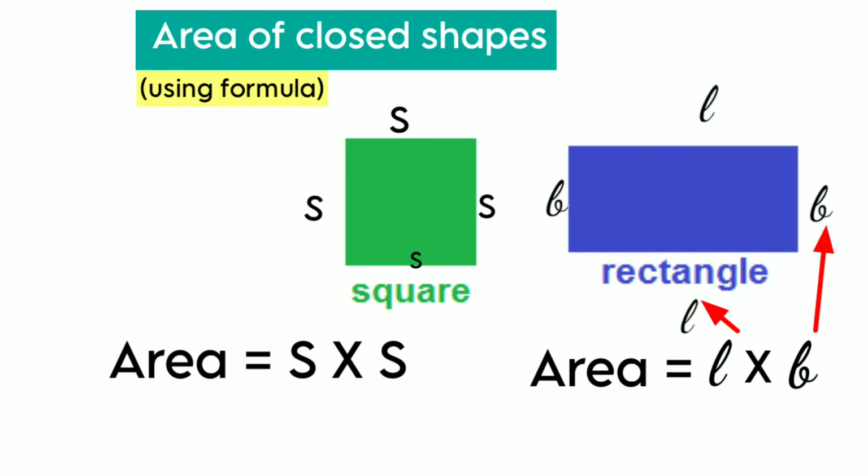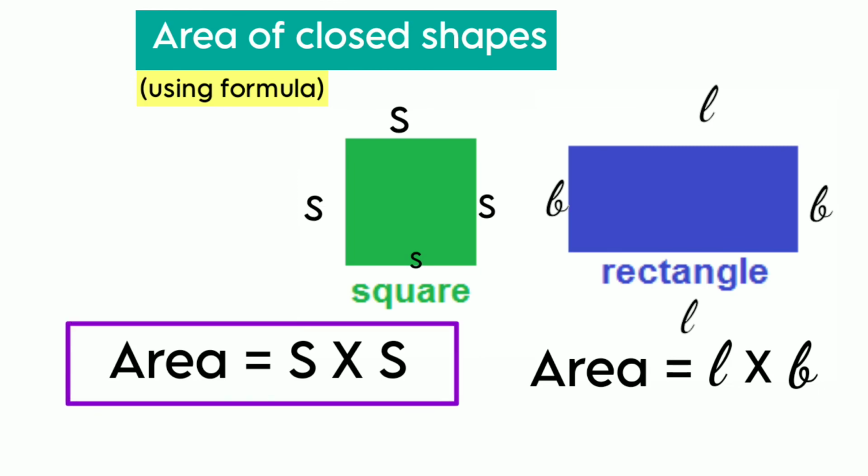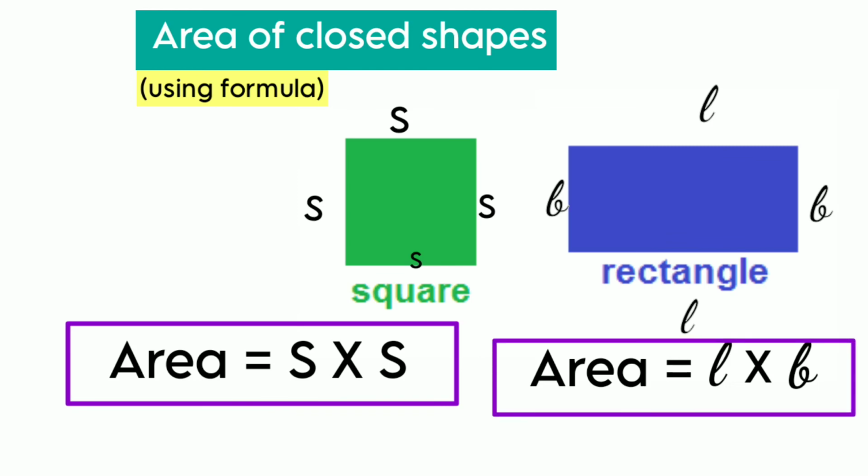Those are L and B. So that we get the area formula of square, that is S into S, and we get the area formula of rectangle as L into B. So these are the formulas we can use to find out the area of both square as well as rectangle.